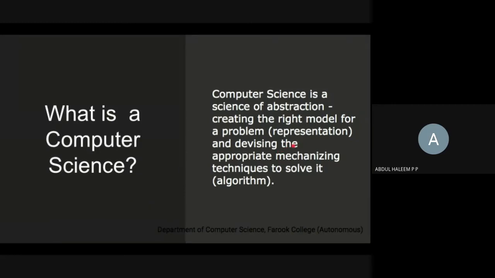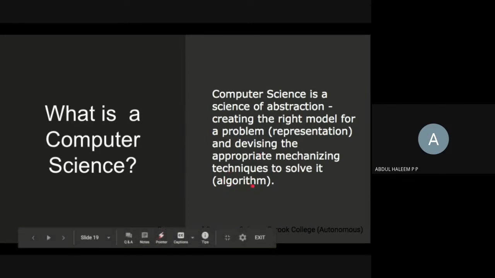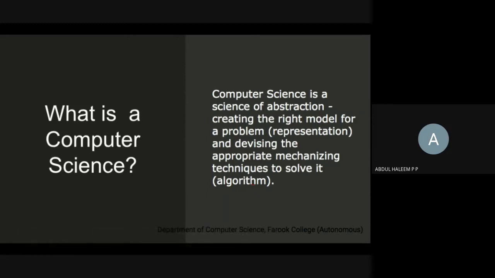And then we have to devise the appropriate techniques to solve it. That part is called design and analysis of algorithms. So these two are the fundamental aspects of problem solving, which a computer science graduate or undergraduate has to master. Our bread lies here, my dear students.